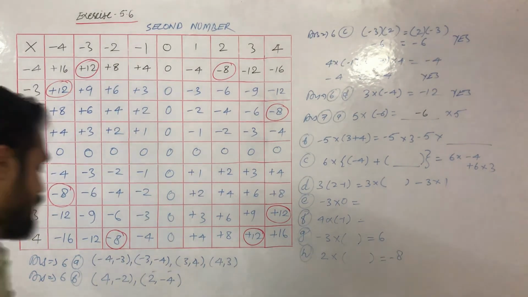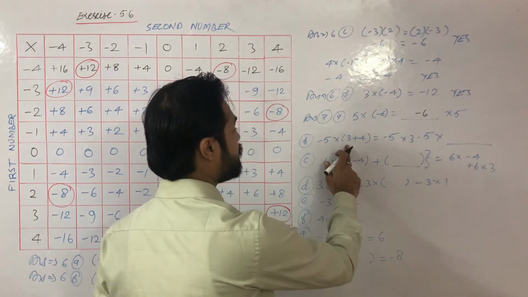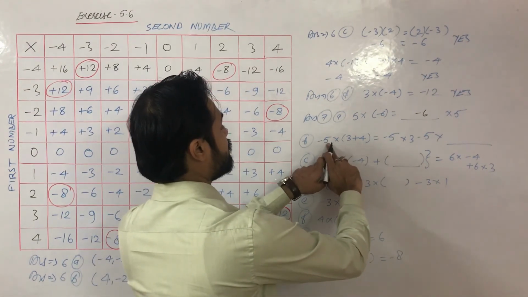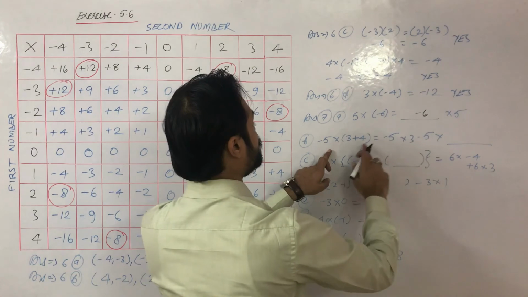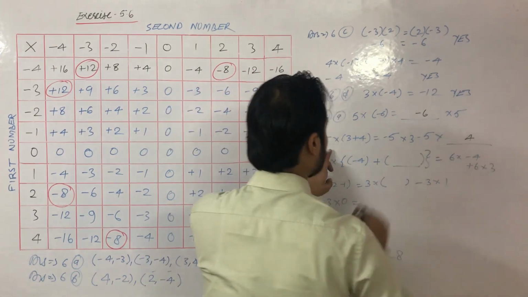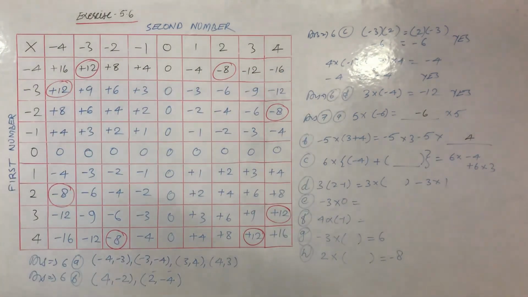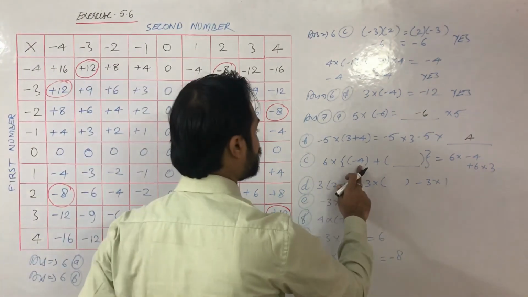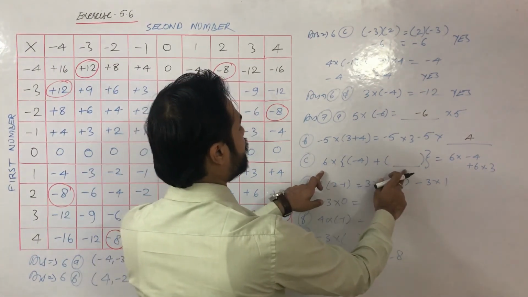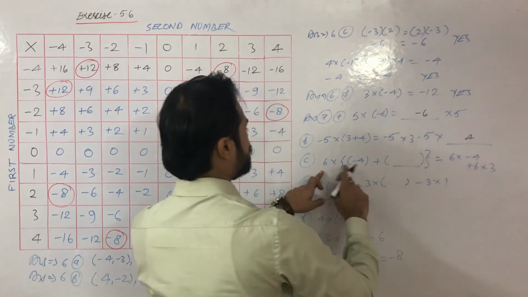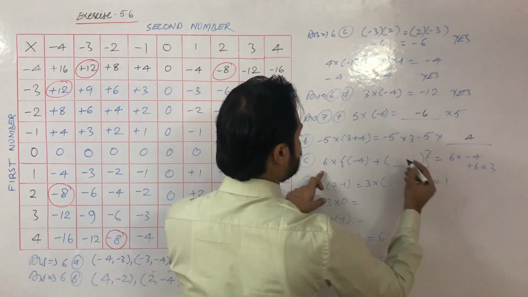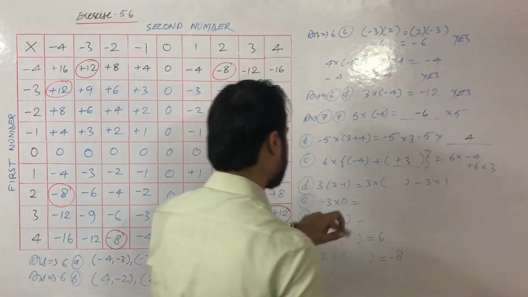Yes. So minus 5 into 3, and minus 5 into 4. Next, 6 into minus 4 plus blank is 6 into minus 4, and 6 into 3. So this must be plus 3.